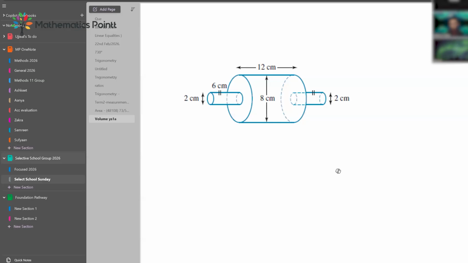Give me the answer with units, please, Davik. 204 pi centimeter cube is what I am looking for.